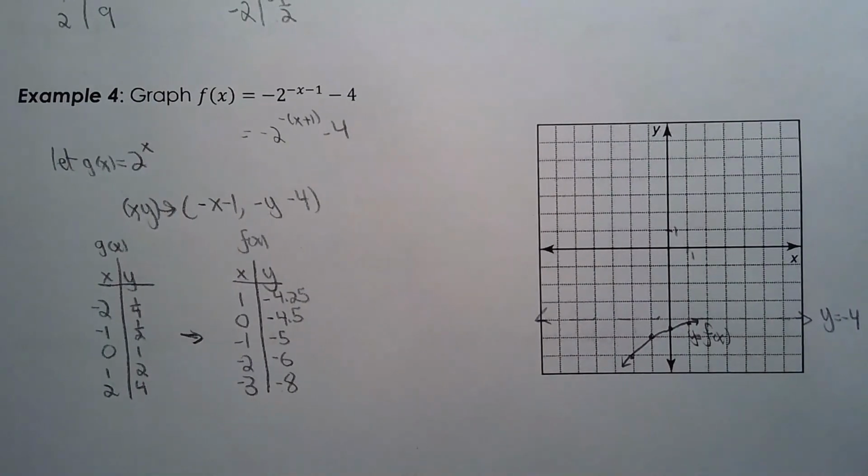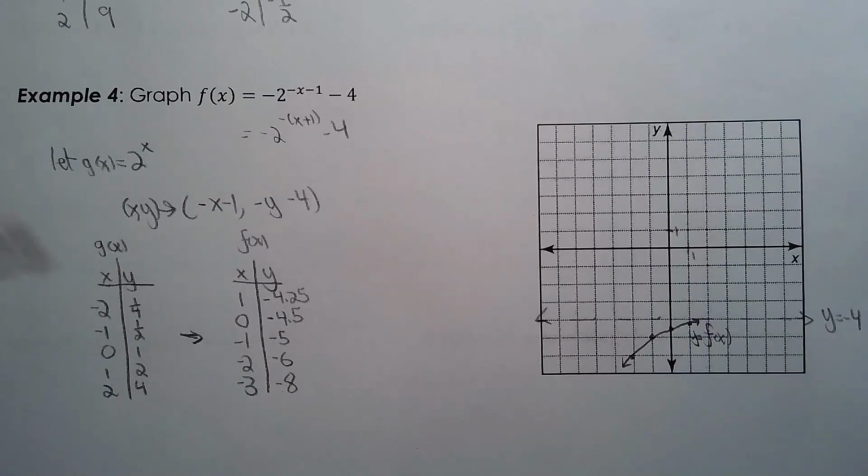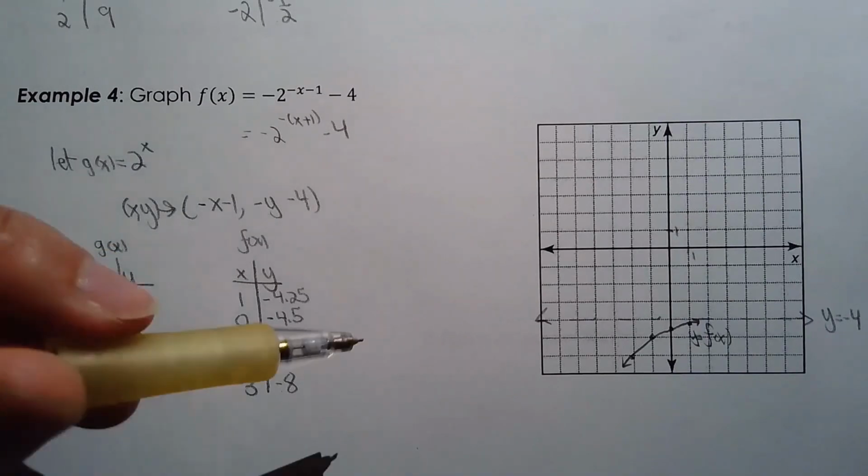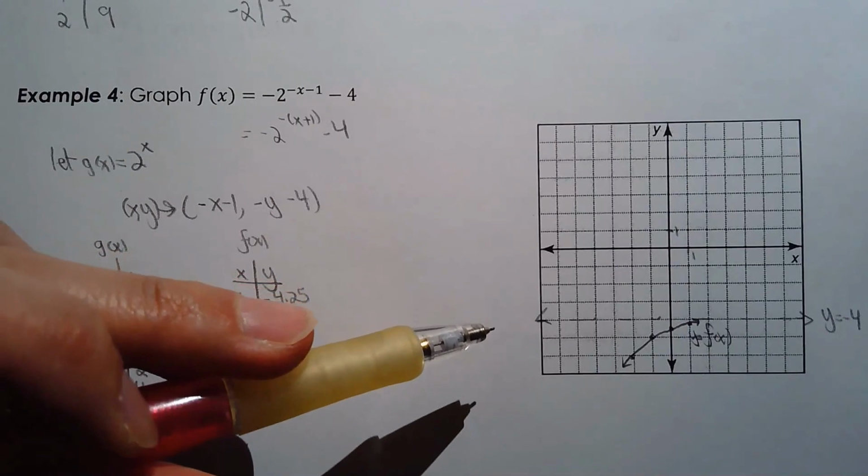So basically exactly the same thing we did with the transformations. You identify the base function or the parent function, identify the mapping rule, grab your original points, which are pretty easy because the x values always range from -2 to 2, and then use a mapping rule to find the location of your new points, sketch in the asymptote, the horizontal asymptote, and then plot the points and you're done.